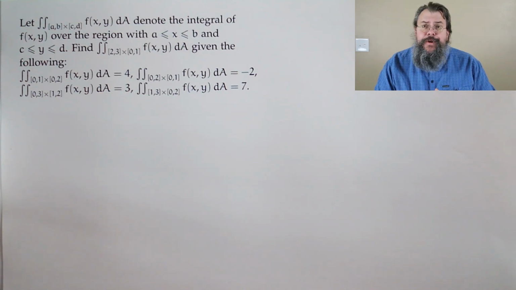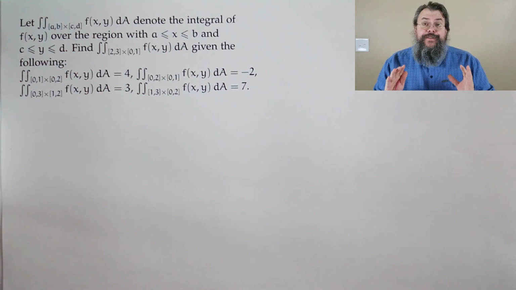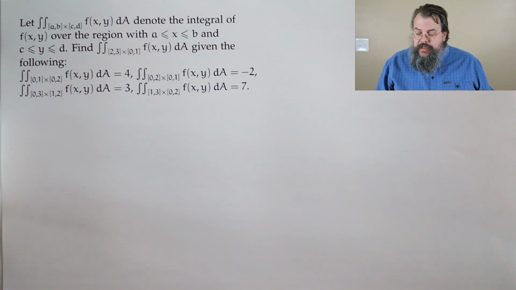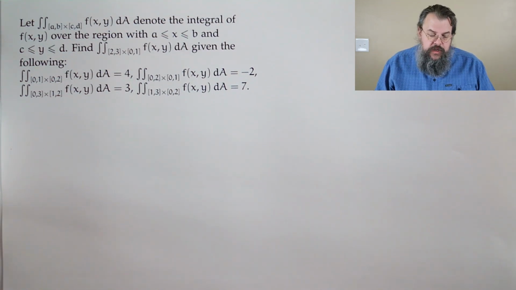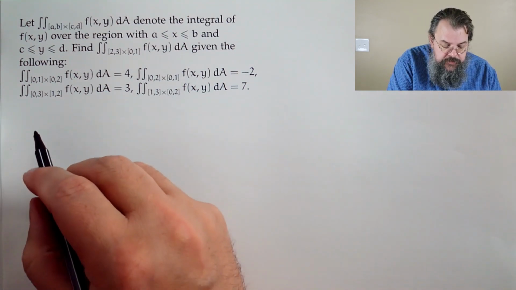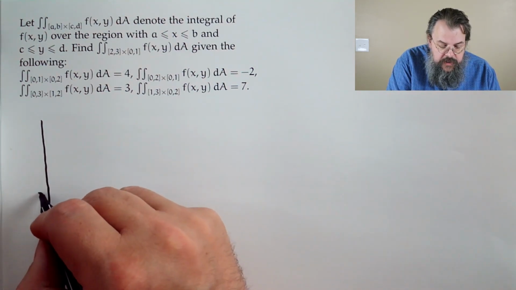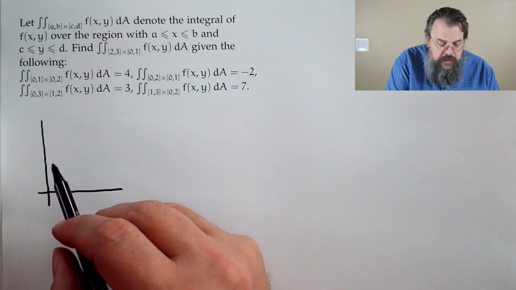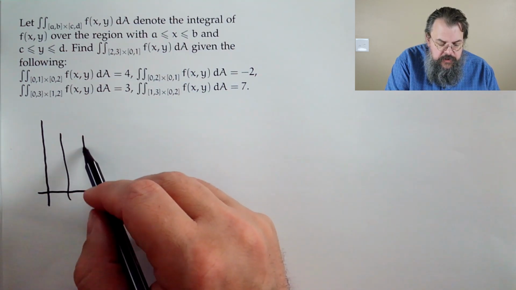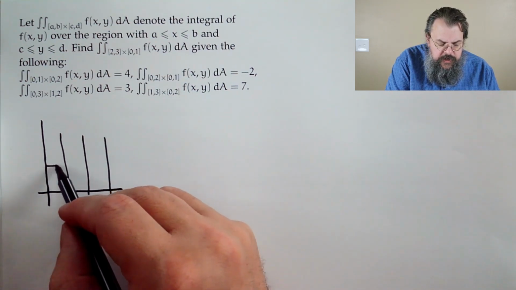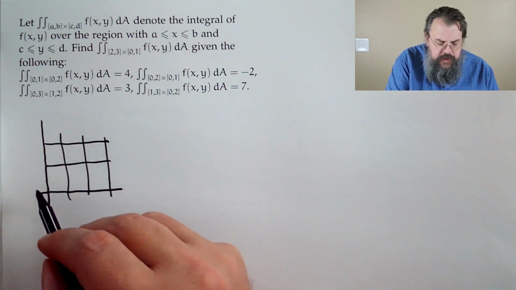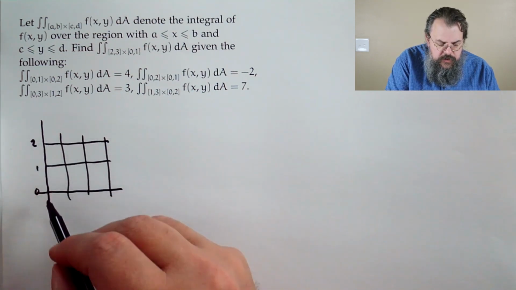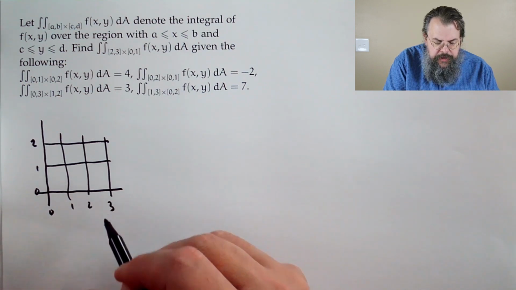Maybe it's not so clear what's going on right now, but let's draw some pictures and see what we can do. We don't go very large in any direction, so we'll just mark here 0, 1, 2 and 0, 1, 2, 3.